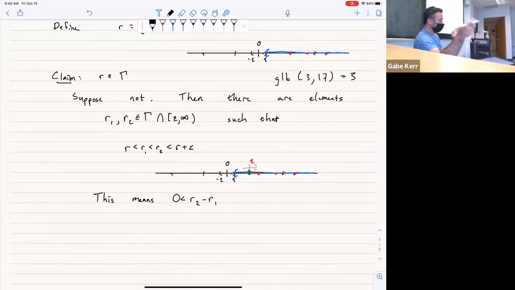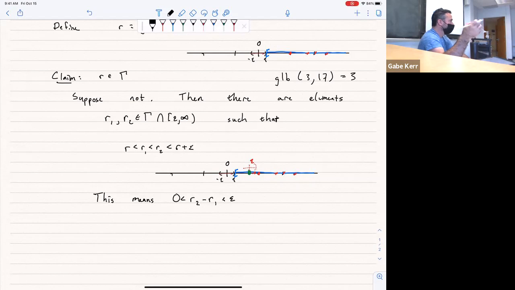And since they're both in an interval of the size epsilon, their difference is going to be less than epsilon. So what's wrong with this? So what? It breaks our definition of discrete subgroup. It contradicts something.